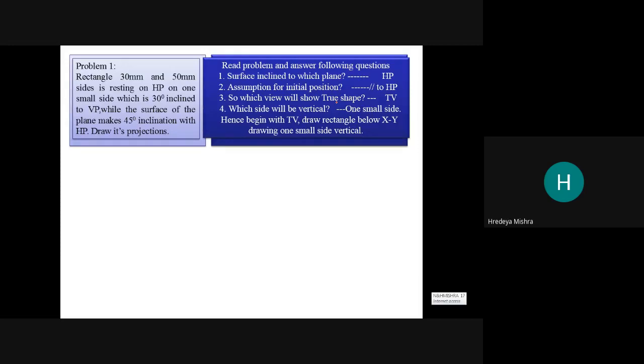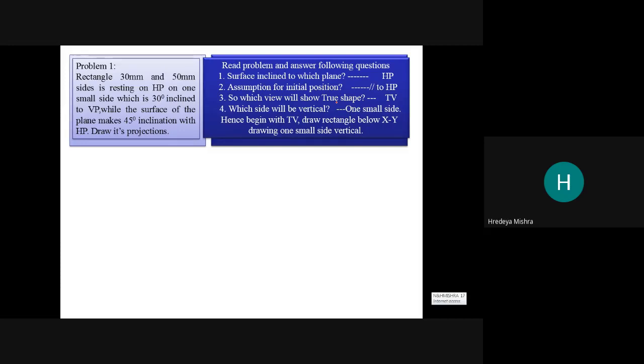Okay, now question number 4, which side will be vertical? Small side means the 30 side. There is a 30 side, so the 30 side is inclined with the vertical plane, hence begin with the top view.